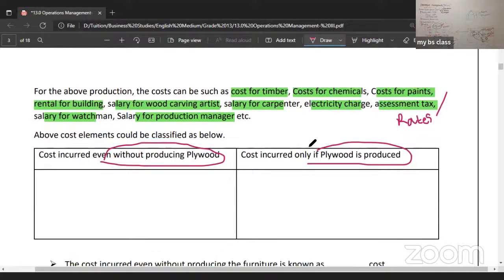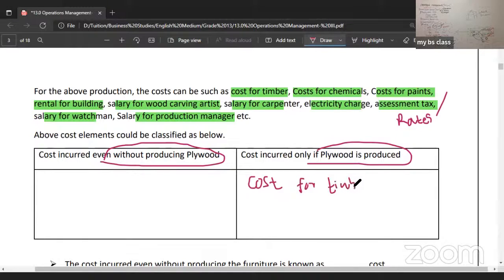Now can you take 1 minute and complete this table? What do you think? Now I'll do the first two for you. For example, cost for timber. You need timber only if you produce, right? So I write here cost for timber, which is the cost incurred only if I do the plywood production, right? Cost for timber.